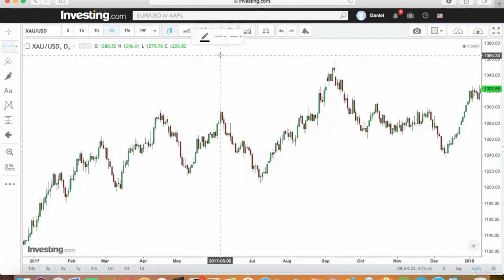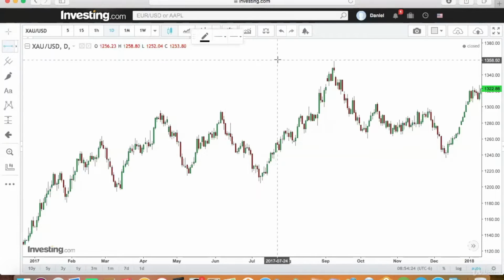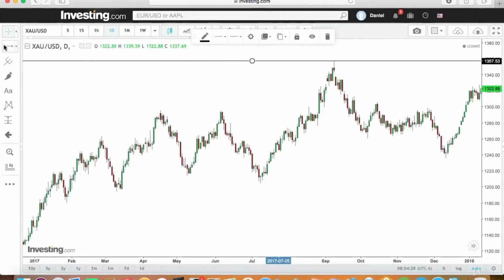So you find your levels of support and resistance on your charts and you add those.